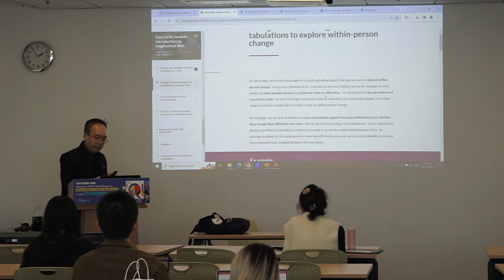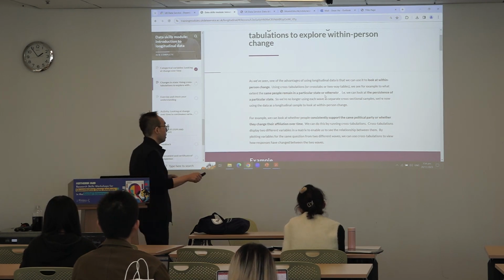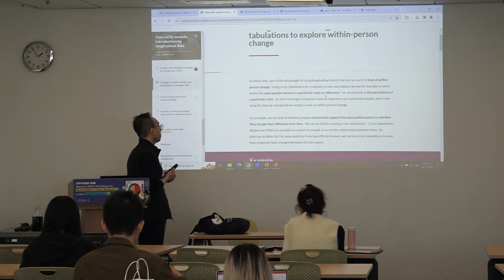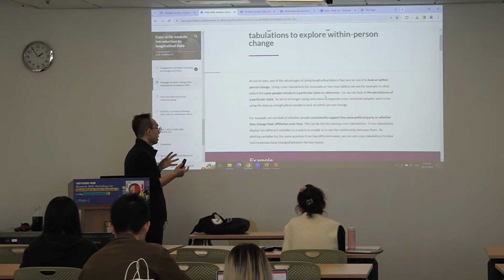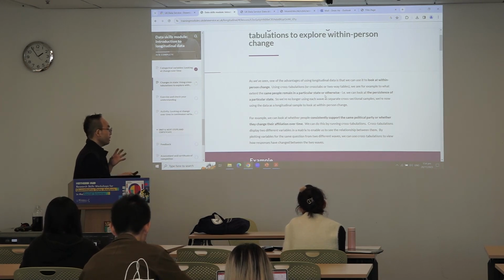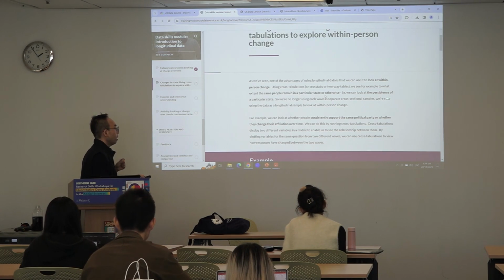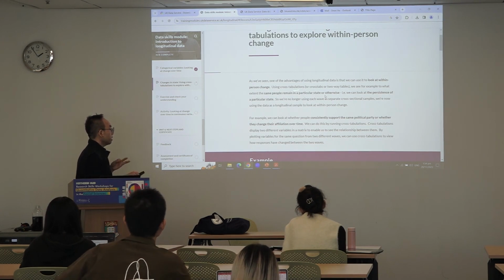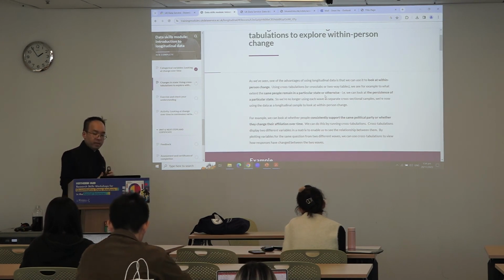If you do a cross-tabulation of a two-way table, for example, you will not only be able to see them in one time period, but also look at the persistence of a particular state. I think that would be very helpful to do.